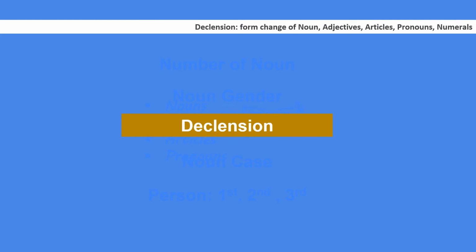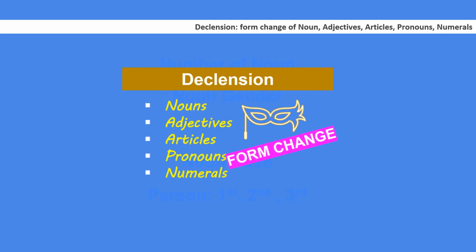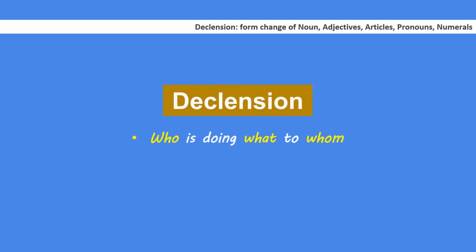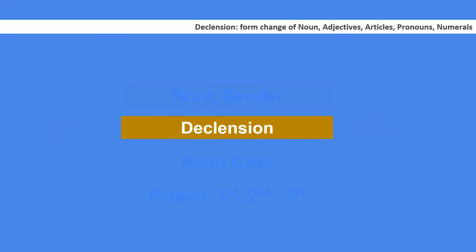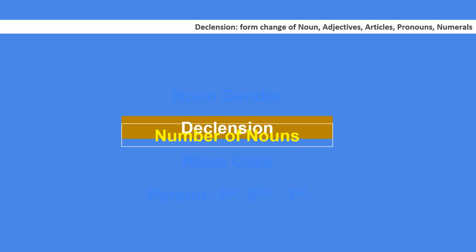Declension. The declension in the German language describes the ending or form change of nouns, adjectives, articles, pronouns, and numerals. With declensions, we know who is doing what to whom. Declensions depend on the number of nouns.